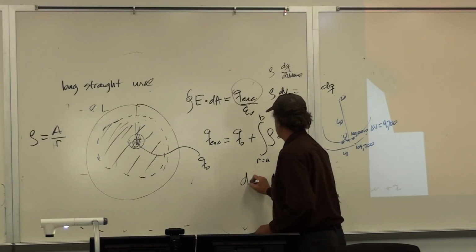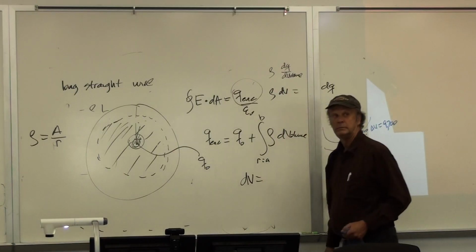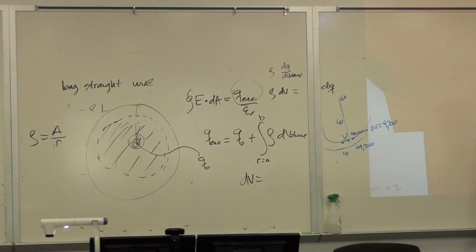And then the d volume is what? For a sphere. Good. 4 pi r squared dr.